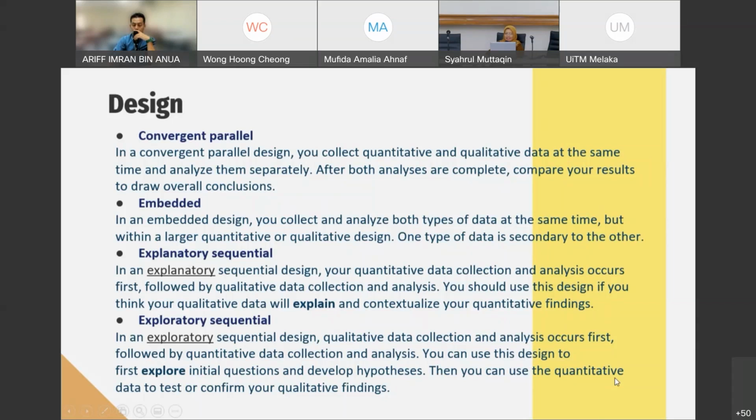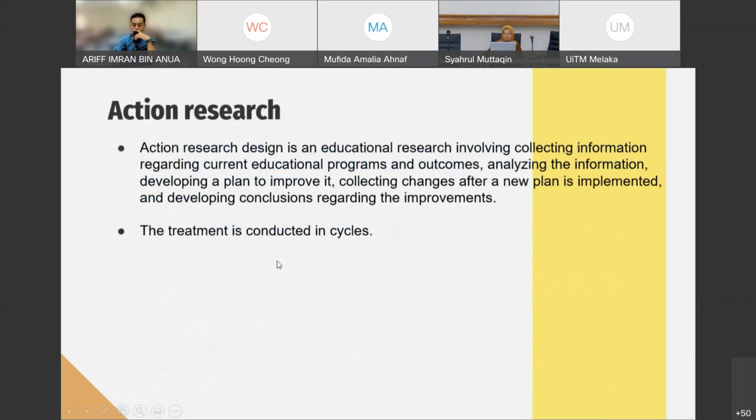The next is action research. Action research is also a combination of quantitative and qualitative, but the process is done or the treatment is conducted in cycles.